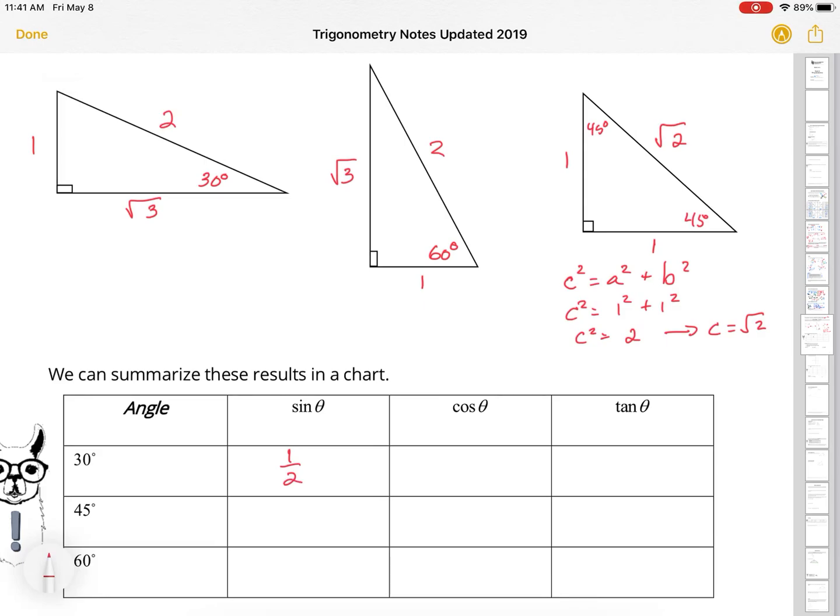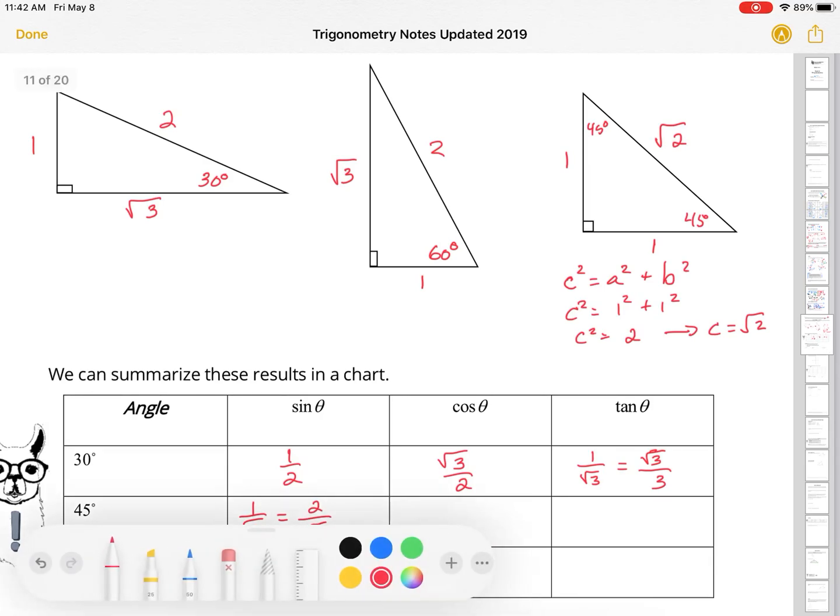So for sine 30, sine 30 is going to be 1 over 2 because it's opposite over hypotenuse. Cos 30 would be root 3 over 2 because it's adjacent over hypotenuse. And tan 30 would be 1 over root 3, but we would prefer to write that as root 3 over 3, okay, because we don't want a radical in the denominator.